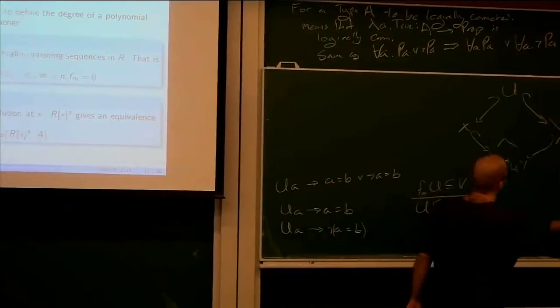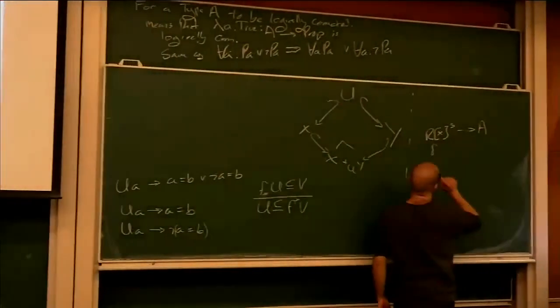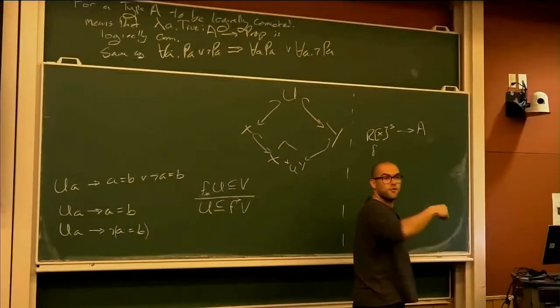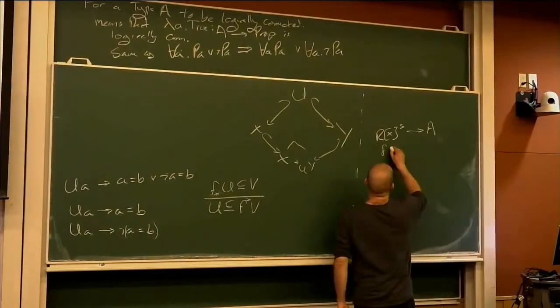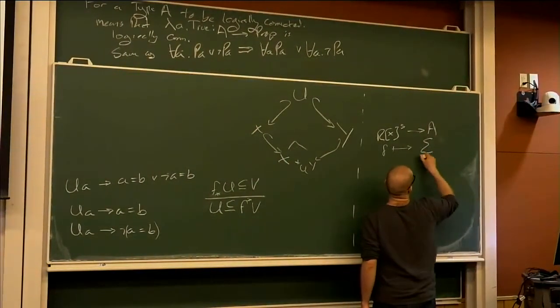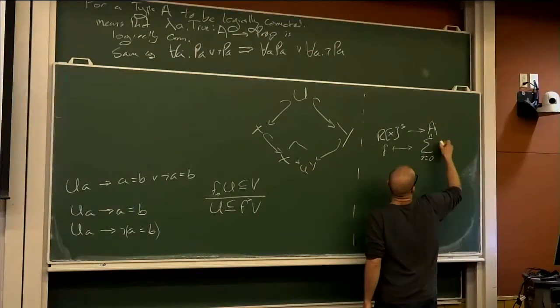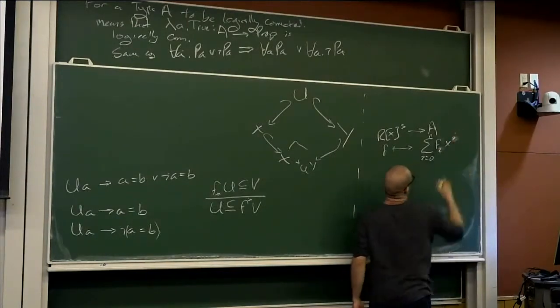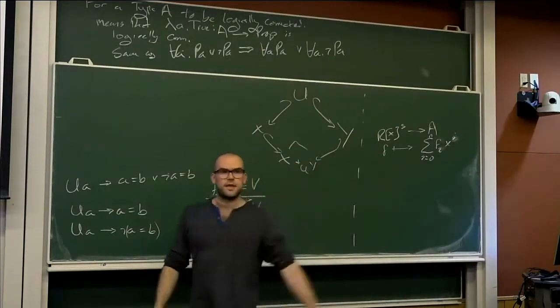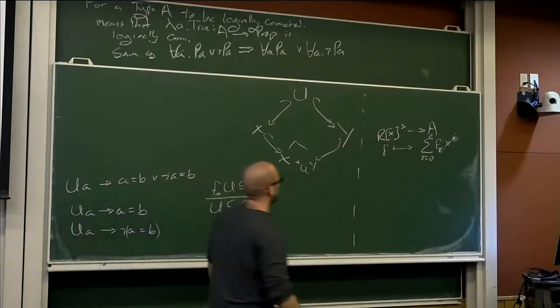So if we have f here, then there exists an n, after which it is going to be 0. So we map it to the sum of its coefficients like this, forming it with x. I'm sorry.